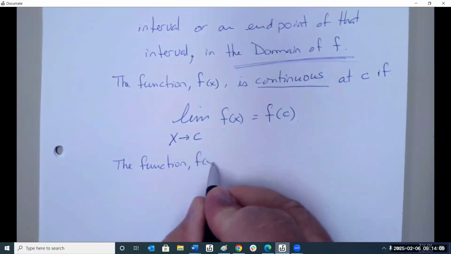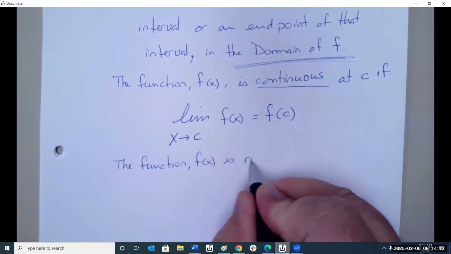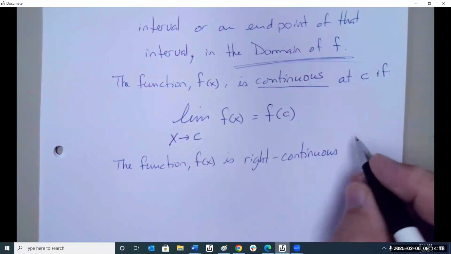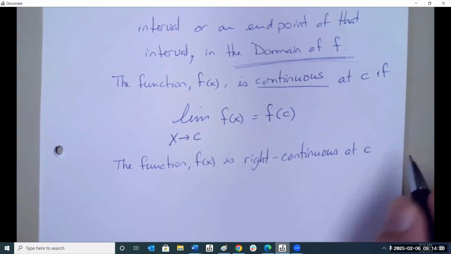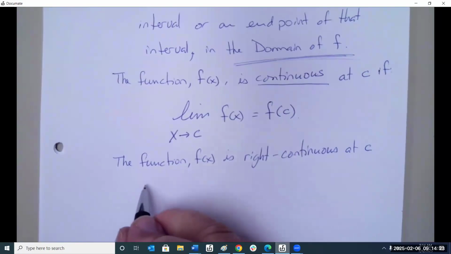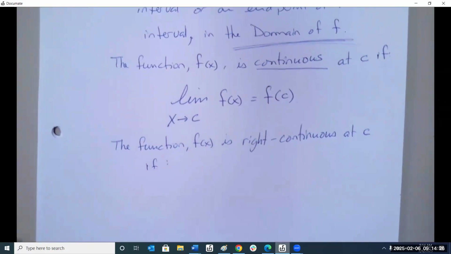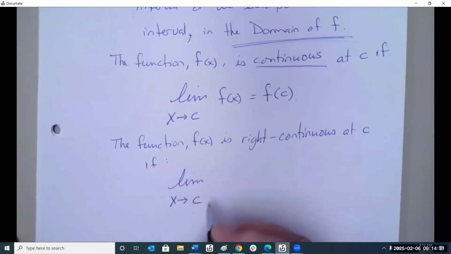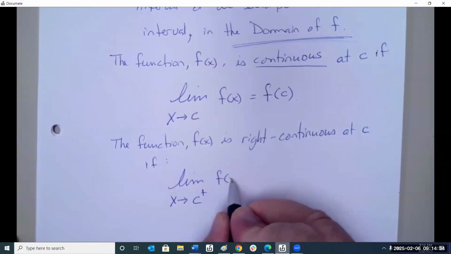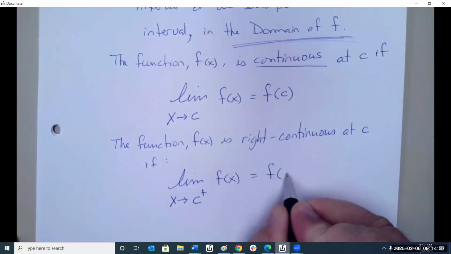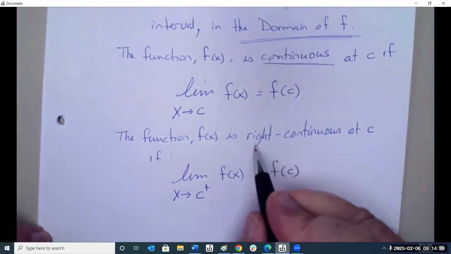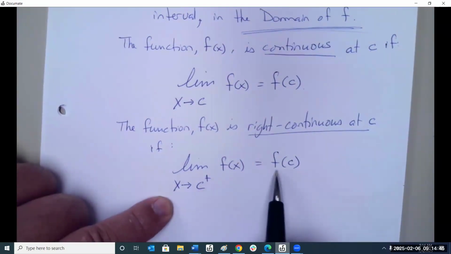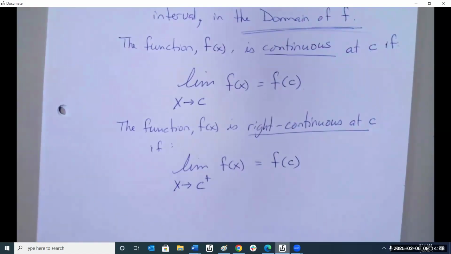The function f of x is right continuous at c if the limit as x approaches c from the right of that function is equal to that value. So it's right continuous if I take the value at c and it's the same value as the function is approaching from the right-hand side.